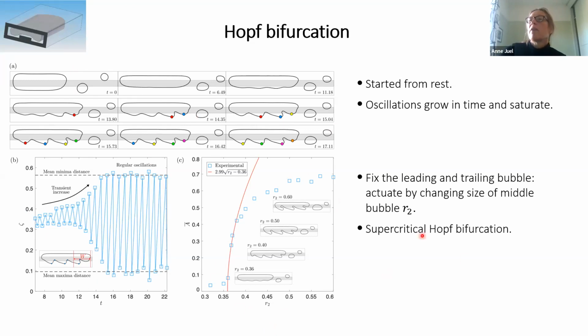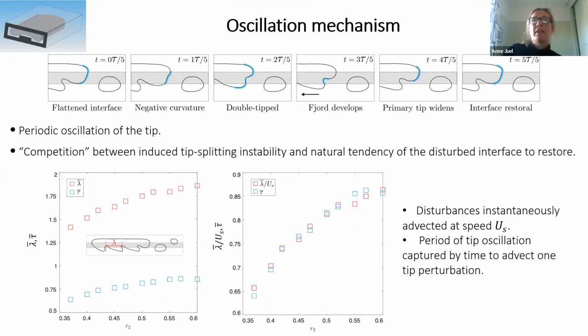We can characterize this by fixing the leading and the trailing bubble and just changing the size of the middle bubble, for instance, that's one parameter we can vary. And we find that it has all the hallmarks of a Hopf bifurcation. But what we're interested in here is really what's the oscillation mechanism. And we're back here to basically somehow being able to actuate the tip of the finger.